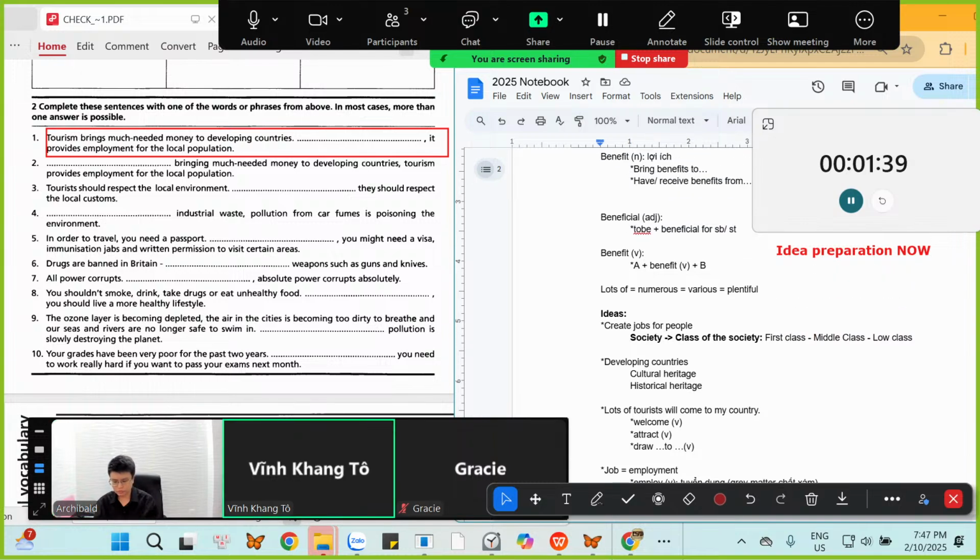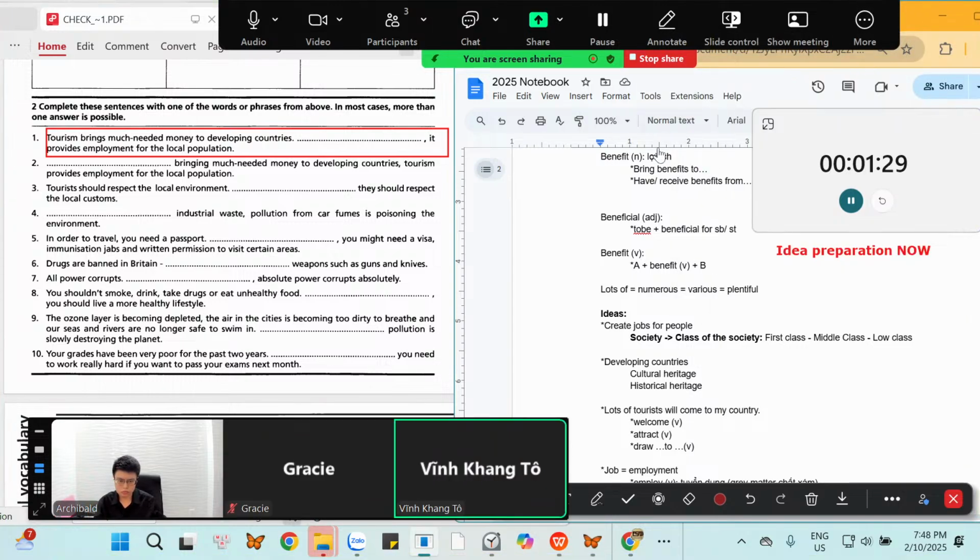Tourism brings money to a country, normally through tourist spending and job creation. Visitors spend money on hotels, food, transportation, entertainment, and attractions.